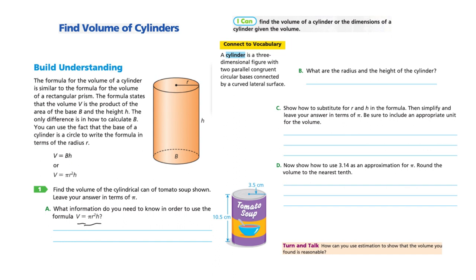So let's look at what we need to know to be able to use that formula. Well, we're trying to find the volume, and we know pi equals 3.14 approximately, but we don't know the radius, so we need to know the radius and the height.